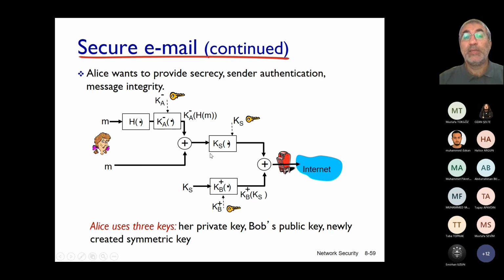We obtain the encrypted hash. Then we add this message along with the encrypted hash function together and apply the symmetric key. We also apply Bob's public key to this symmetric key and obtain the encrypted key, and then we add all this information together to send to Bob.